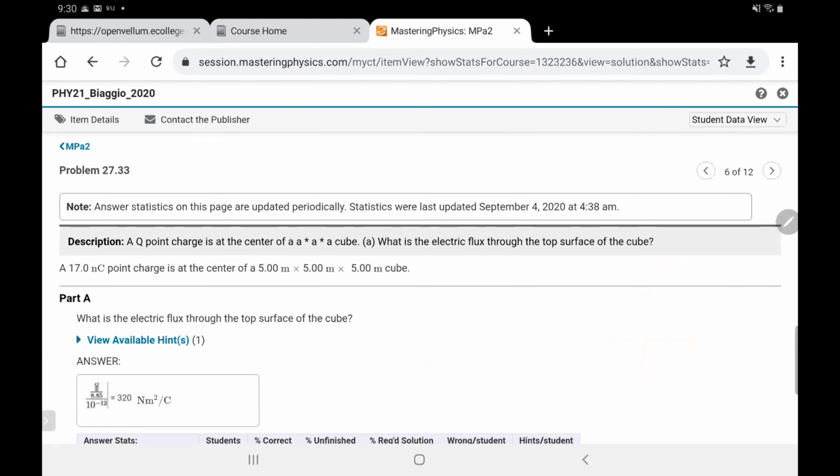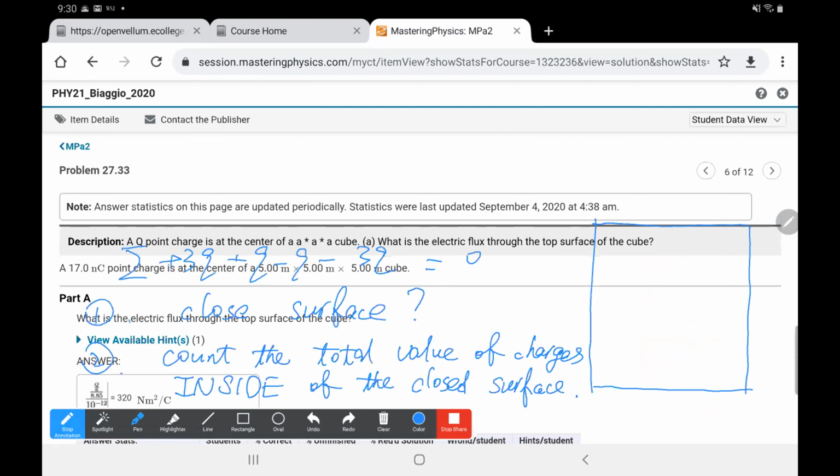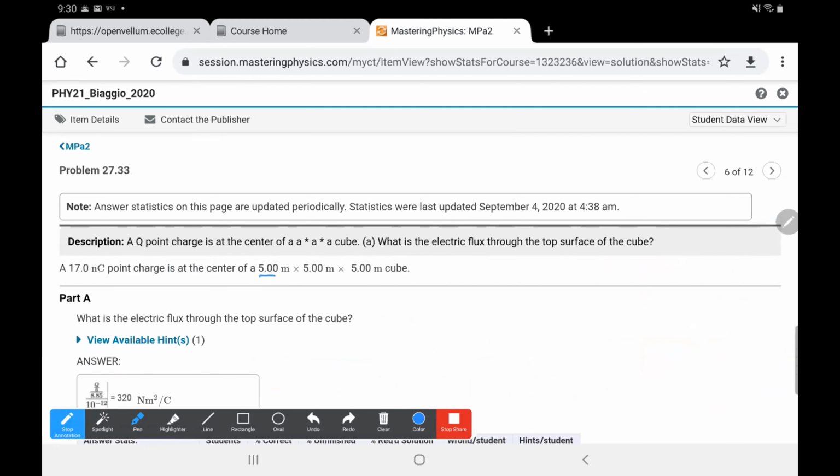Number 6, we are going to calculate the electric flux through a non-closed surface. Okay, we have a cube. The cube dimension is 5 by 5 by 5. And what's the electric flux through the top surface of the cube?